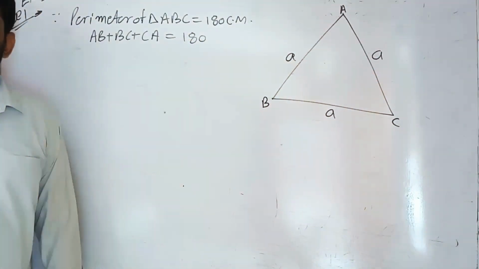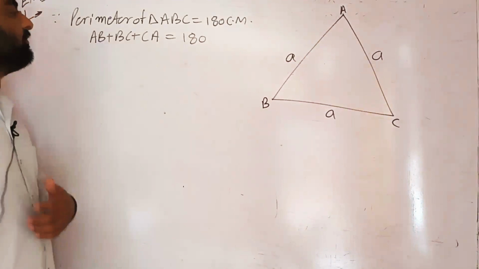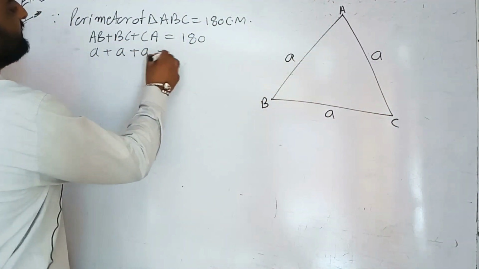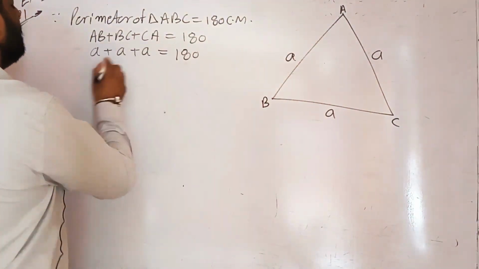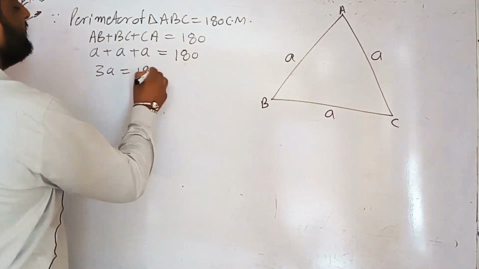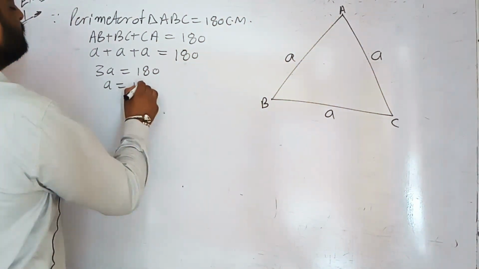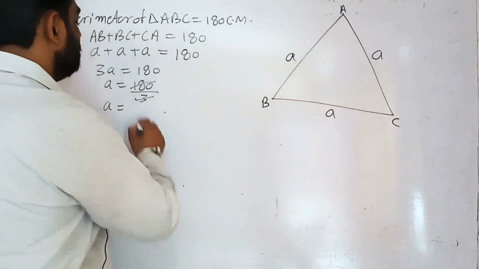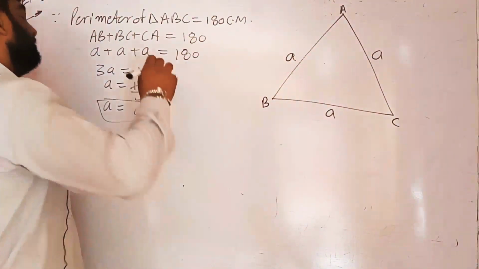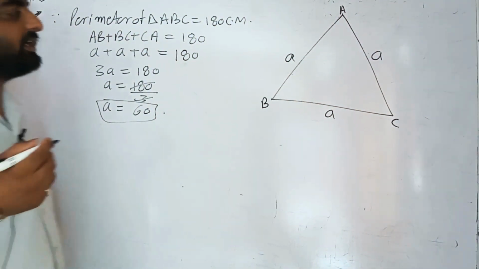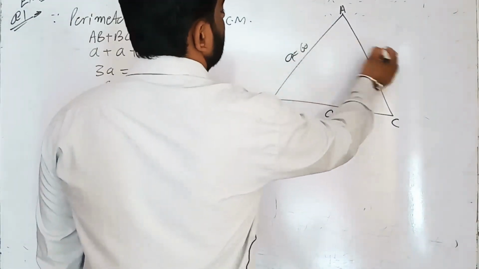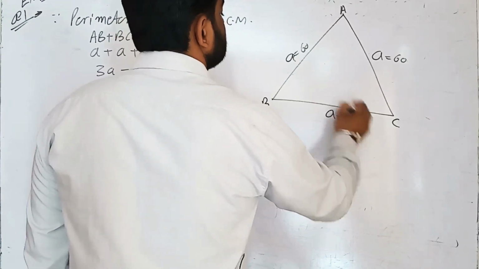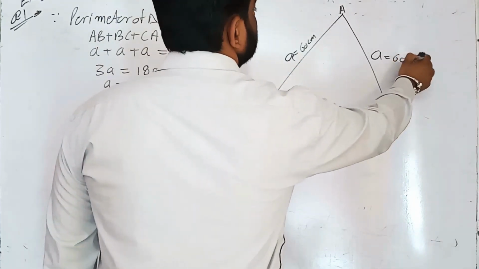The sum of all sides of a triangle is known as the perimeter. Here AB, BC, CA are equal to a, so 3a equals 180. So a equals 180 upon 3, that is 60. If a equals 60, all sides of this triangle are 60 centimeters.